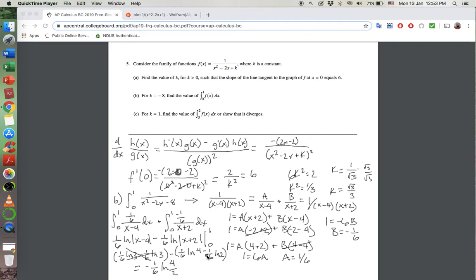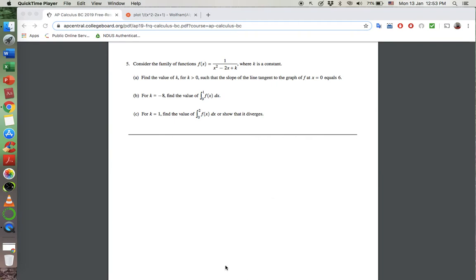Remember, the difference of two logs of the same base is the same as taking the quotient of those two logs. And so that is equal to negative 1/6 natural log 2. That's our answer for this part. Clean this up a little bit. I'll put all the answers up top after we're finished.